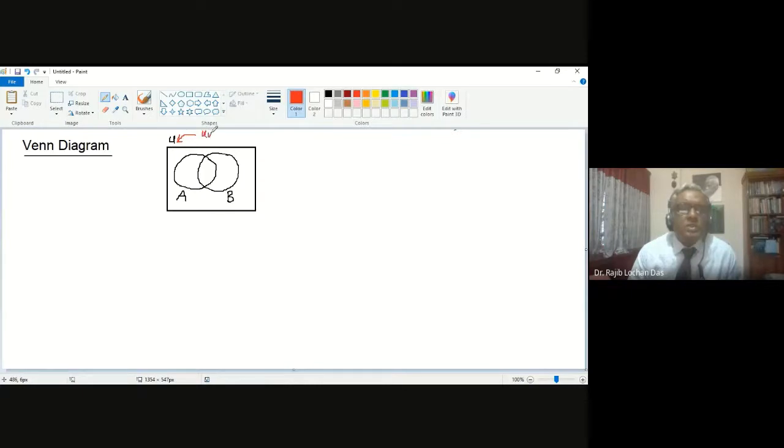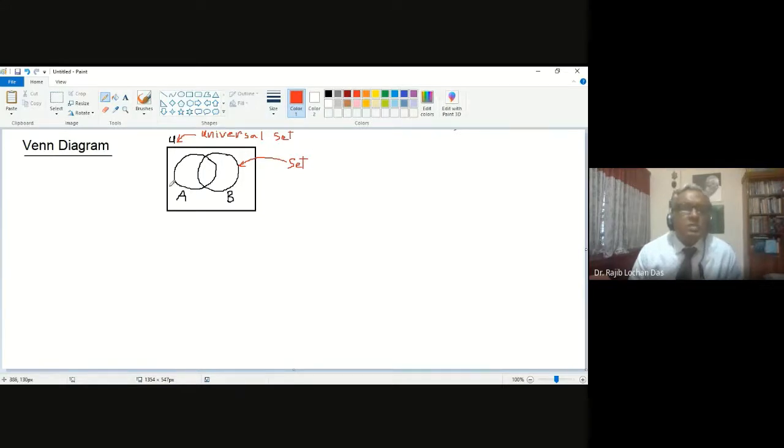So the universal set is always rectangular. It is not a circle. The universal set is the rectangular shape, and within that, all other circles will come. Every circle is a set, and how many sets will be there? There is no rule.